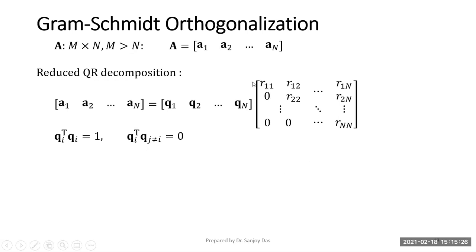And here, this is an upper triangular matrix. This Gram-Schmidt orthogonalization method would obtain this reduced QR decomposition of A.